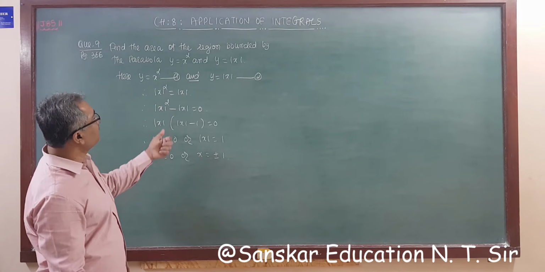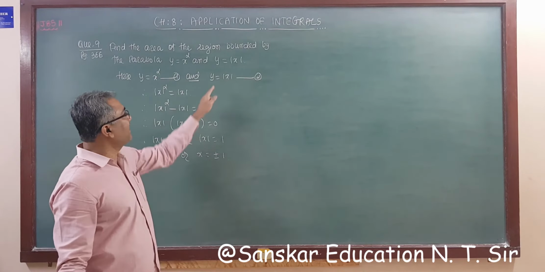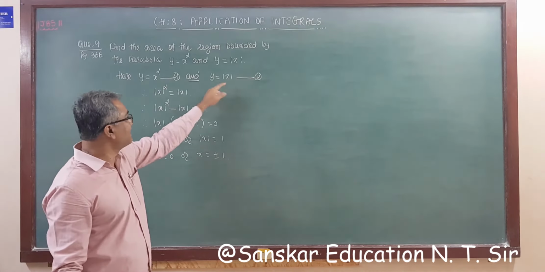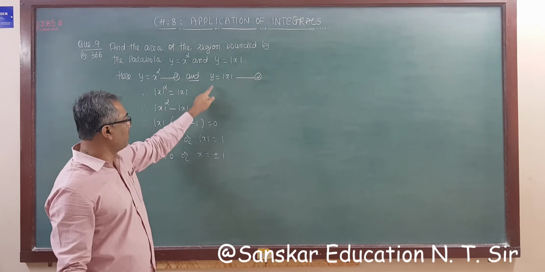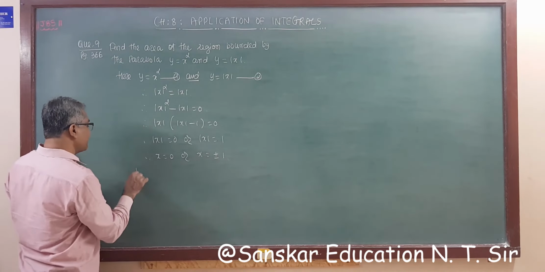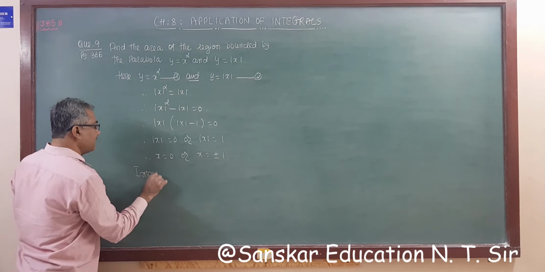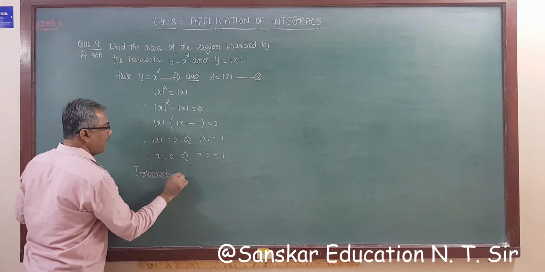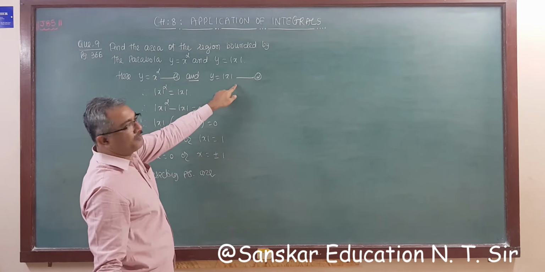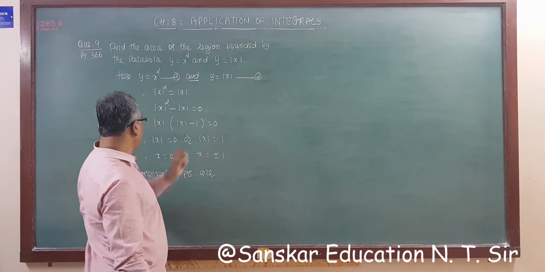Right? Now this is given. So if we take x is equal to plus or minus 1, then what we get? y is equal to also 1, not plus or minus. So the intersecting points are, if we take x equal to 0, then from 2 we get 0.